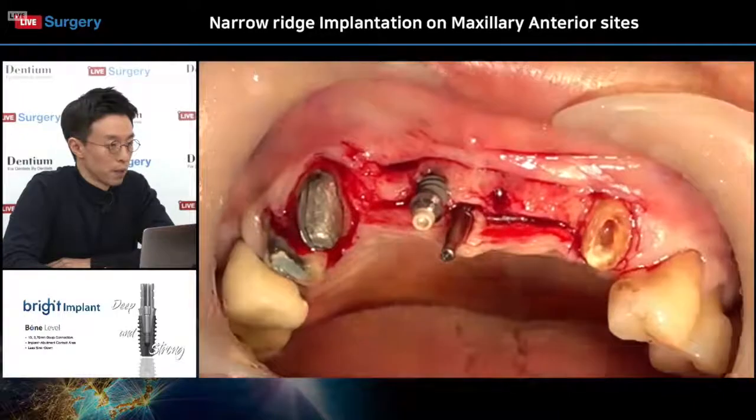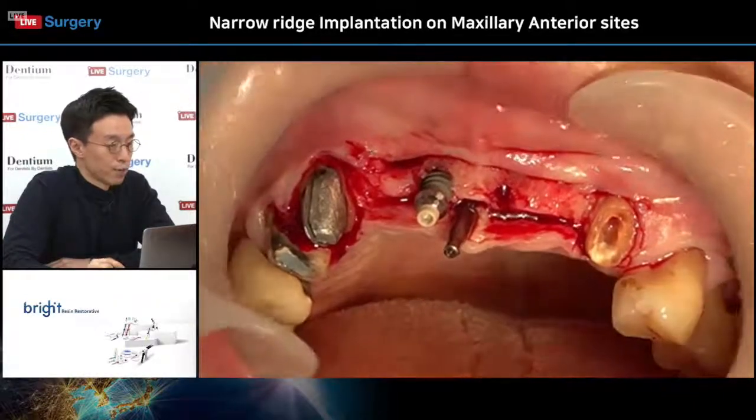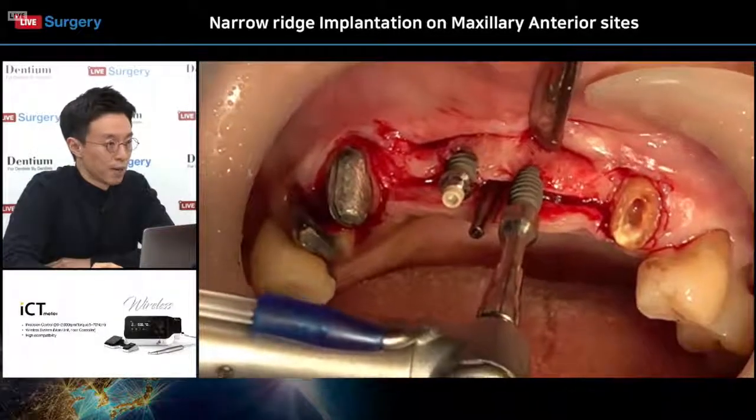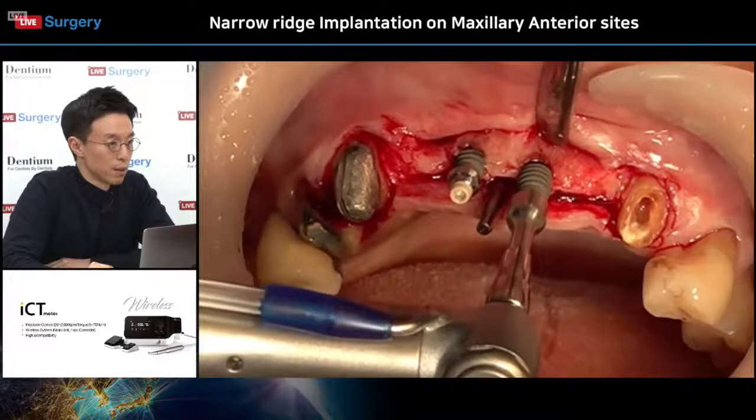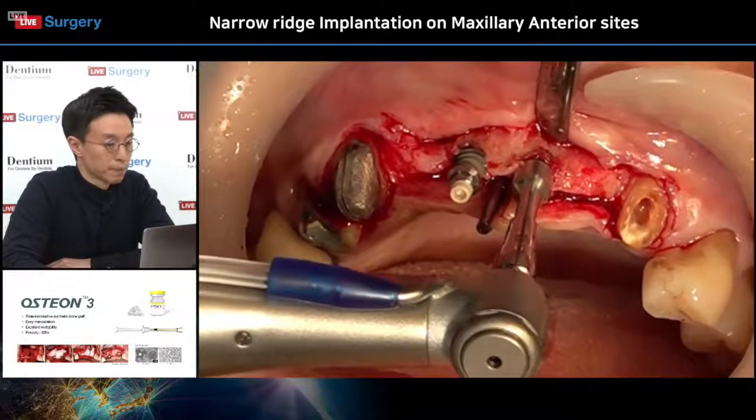Now Dr. Chung is placing the 3.5 by 9 millimeter tissue level bright implant at both incisor areas.